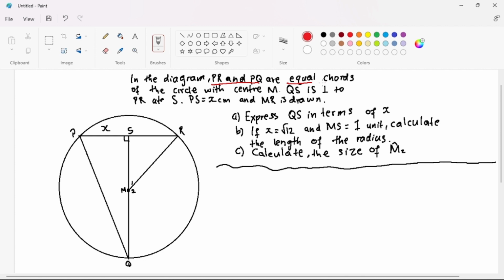And then they are saying they are chords of the circle with the center M, so M is our center, and then QS is perpendicular to PR. We can see that at S, right? PS is equal to X centimeters, and they showed that one, and then MR is drawn. Okay, that's fine.